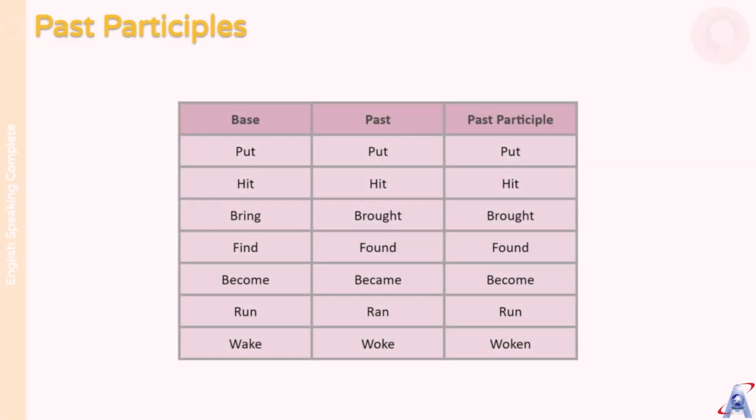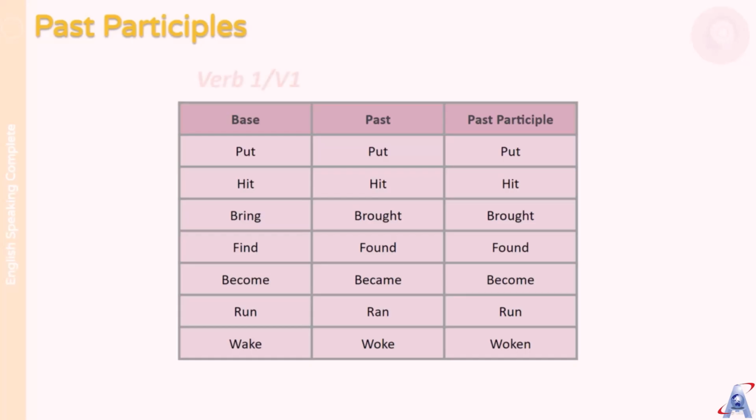Okay, so past participles. I mentioned this in our first lesson on verbs. Past participles are really important in all perfect tenses. I've talked about base forms of the verb, past forms of the verb, and the past participles.